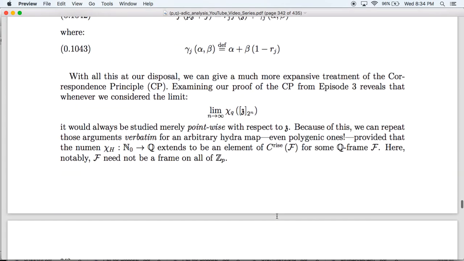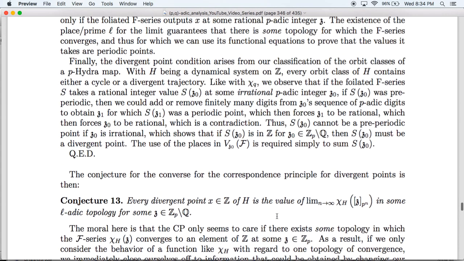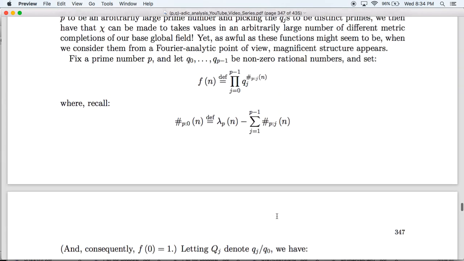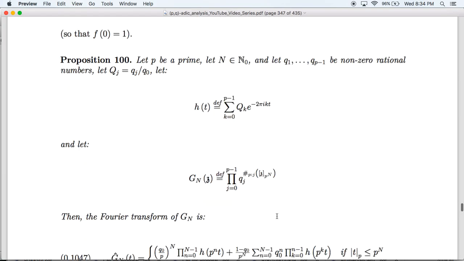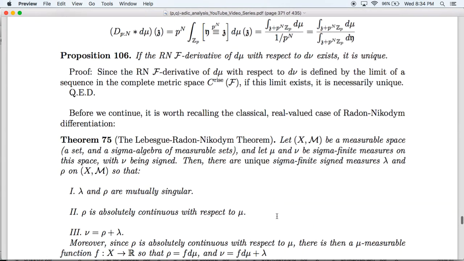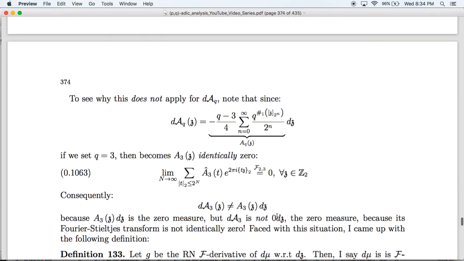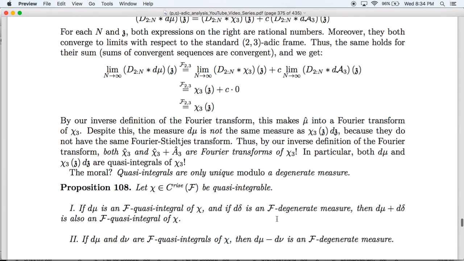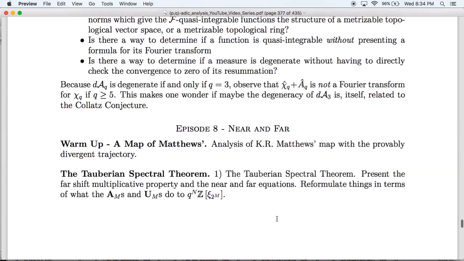So now where am I going to, where do I mention this? Let's see. Did I put it down here? I think I put it down here. What?